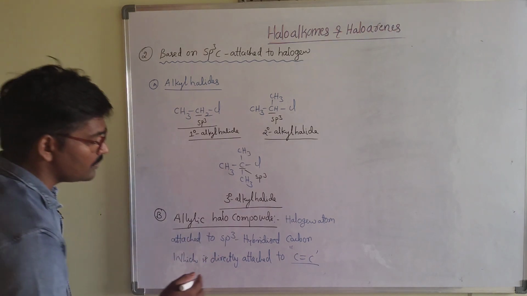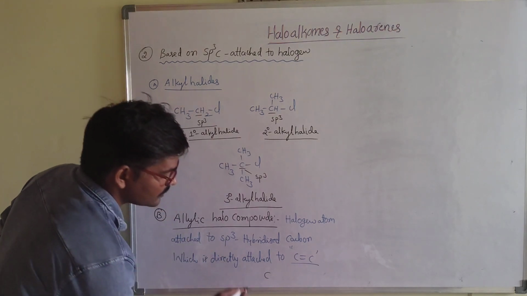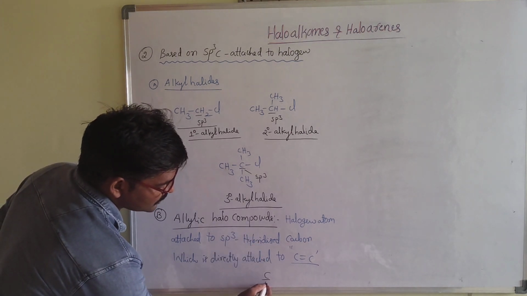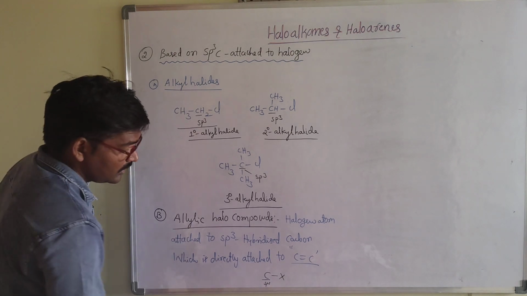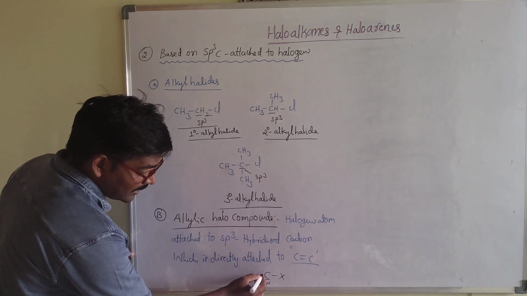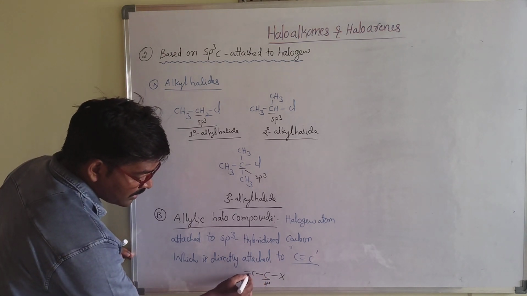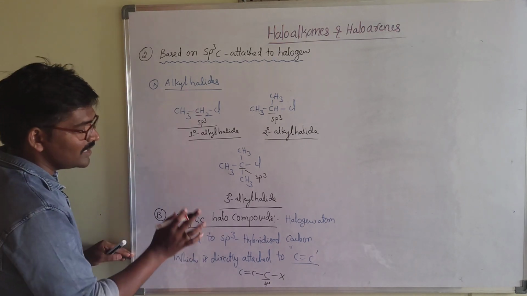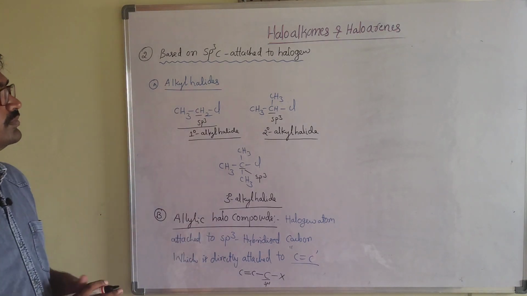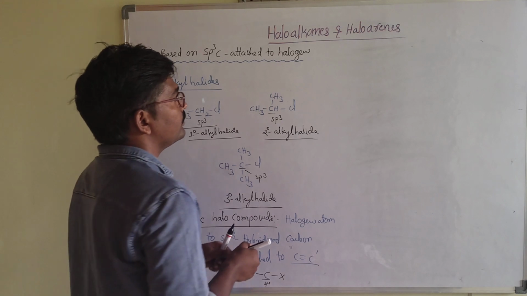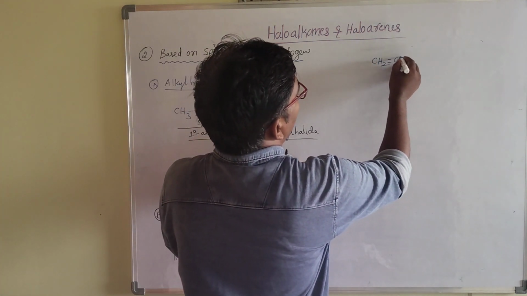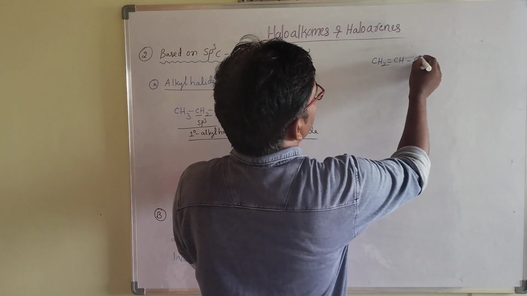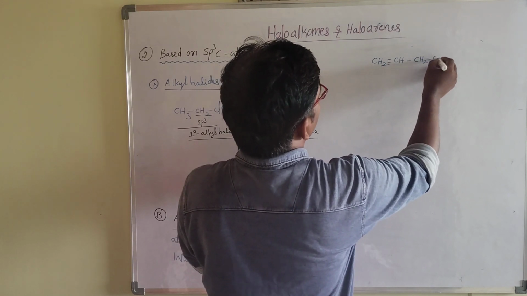So look at one example here. Carbon is there. Just assume it is sp3 hybridized. Once it is attached to the halogen, and this carbon is directly attached to the carbon-carbon double bond, then we call it an allylic halo compound. One more example, look at CH2 double bond CH bond CH2 bond Cl.